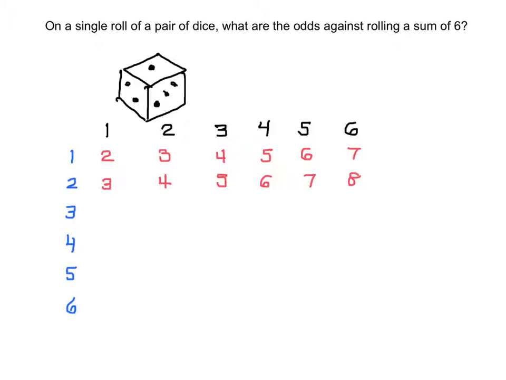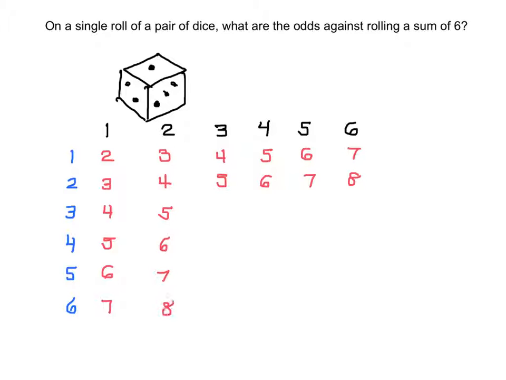A 3 and a 1 is a 4, and we can see what's going on here as I fill this in: 2, 3, 4, 5, 6, 7, because I'm adding 1s from the 1s column. In the 2s column, I add 2 to each one, so I have 3, 4, 5, 6, 7, 8.